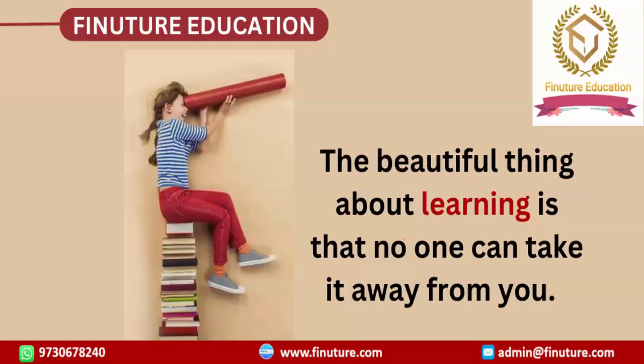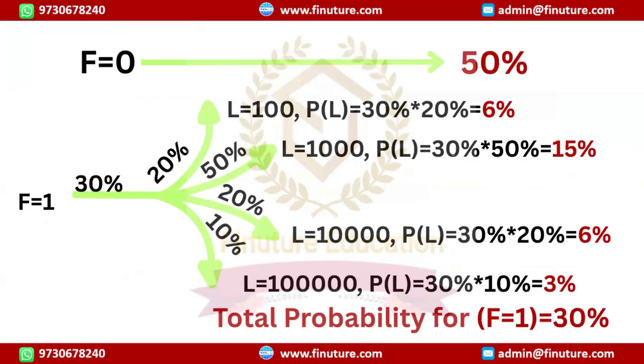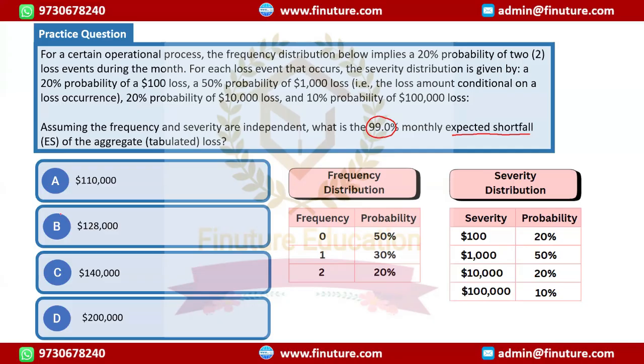So the probability of 0 loss is 50%. So 50% of the time you don't have any loss. But when there is a frequency of 1, when there is a system breakdown once in a month, frequency 1 has a probability of 30%.